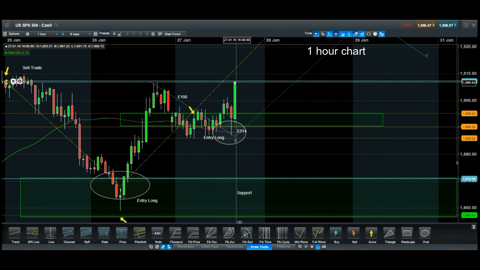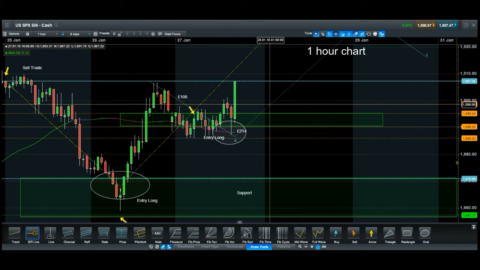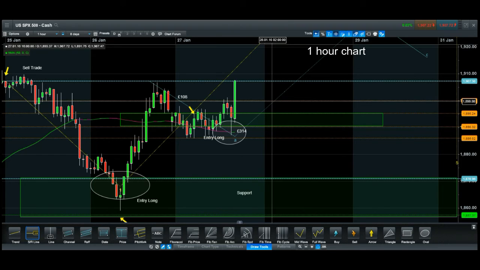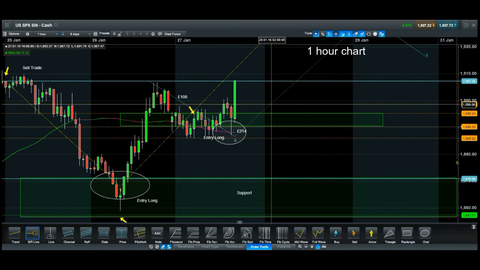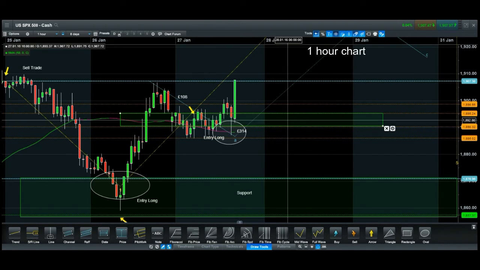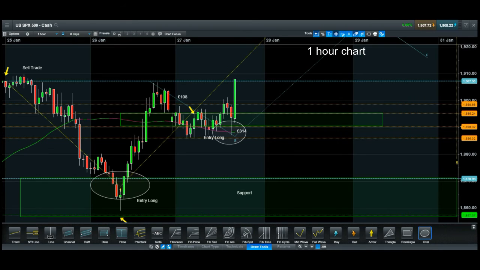But I do expect the trade to drop or retreat, and if it does retreat, I will probably enter around here. So my next entry level, if it retreated, will be here.